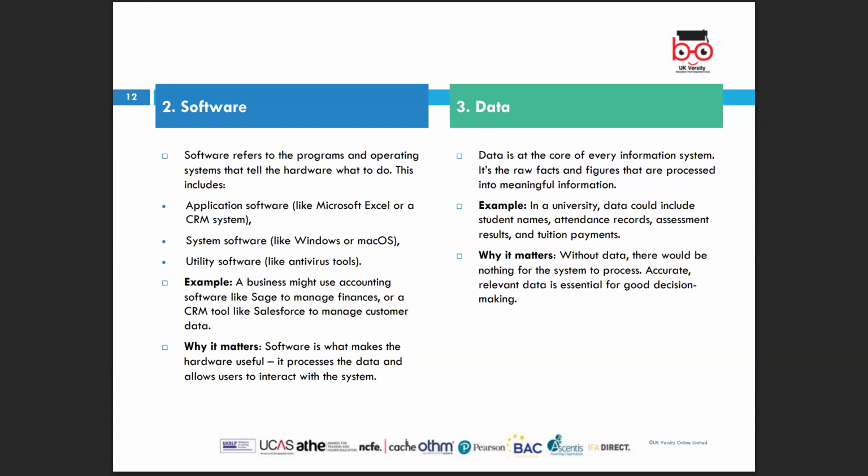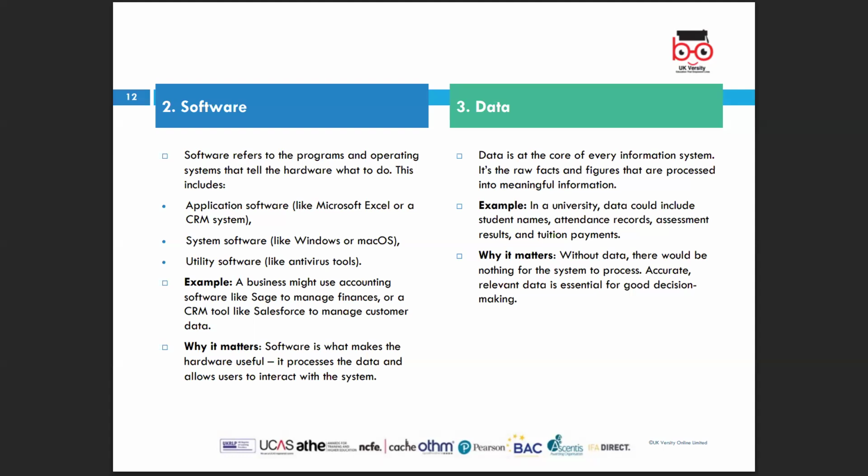For example, a business might use accounting software like Sage to manage finance, or CRM tools like Salesforce to manage customer data. Why does this matter? This software is what makes the hardware useful, and it processes the data and allows users to interact with the system.